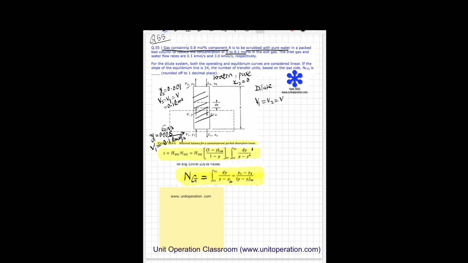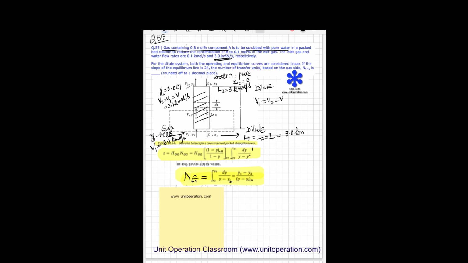And here water is entering at 3 kilomole per second. So L2 is 3 kilomole per second. Since it is dilute again, we assume L1 is equal to L2 is equal to L, let's say equal to 3 kilomole per second.